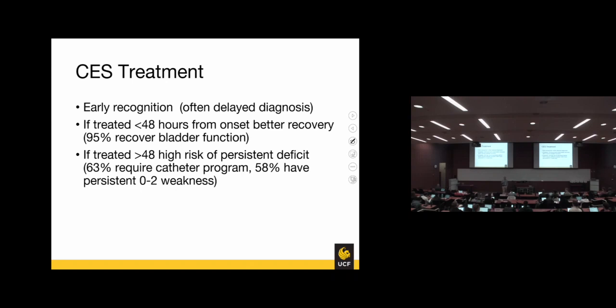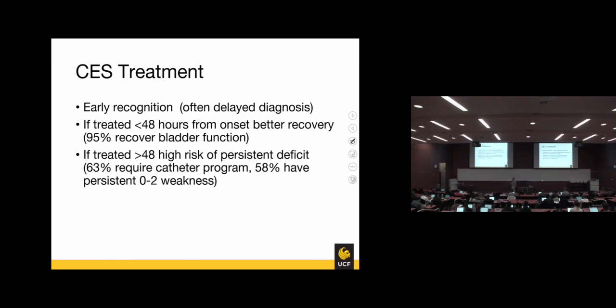And the reason that it's not recognized is people aren't thinking about it. They think it's just another routine back pain. Now, if treated in less than 48 hours, the recovery of bladder is 95%. If treated after 48 hours, the recovery of the bladder is much less, in the 40% range.